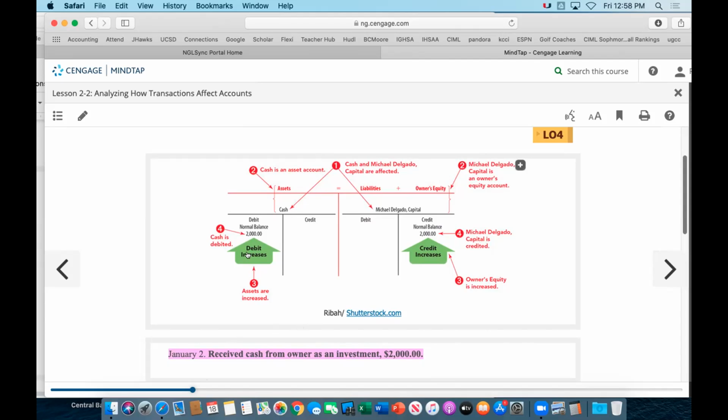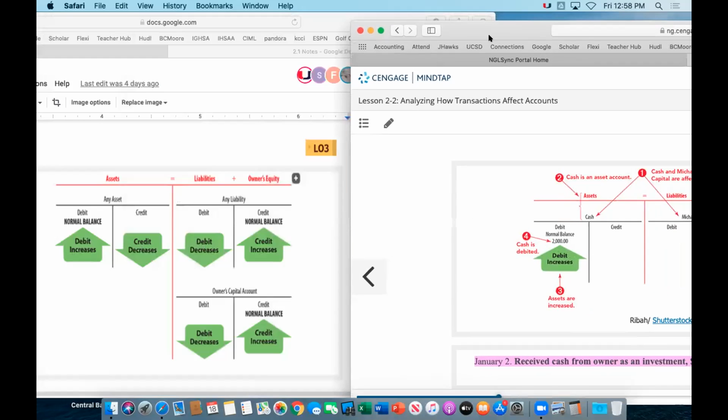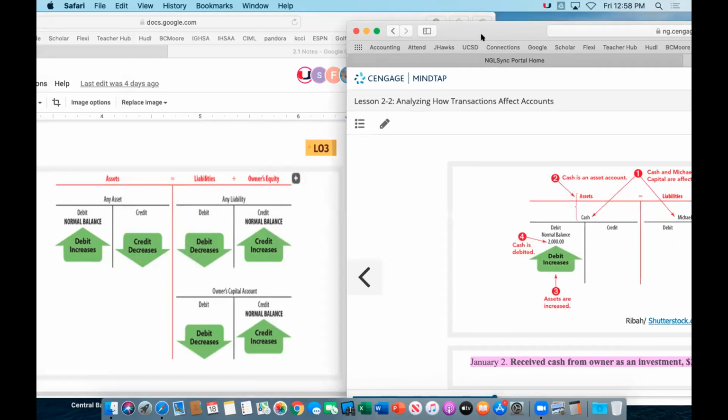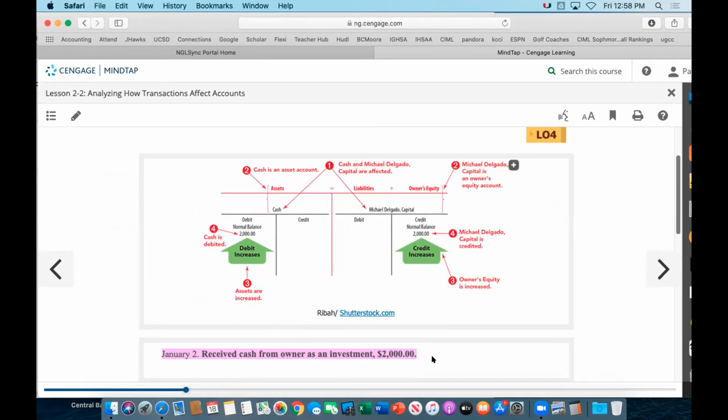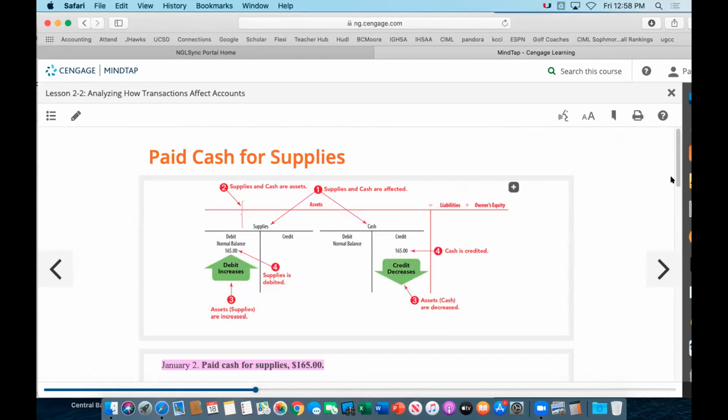Receive cash means increase cash. Owner's investment is capital. So how do you increase capital? Increase it there. Capital, increase. Asset, cash, increase, right? It's the same as this chart. We'll keep doing a bunch of these and you'll get the hang of it, okay?